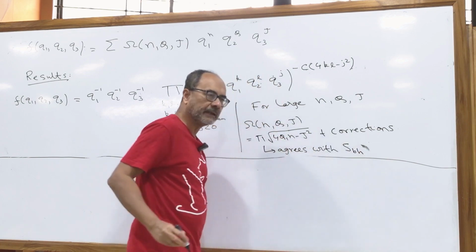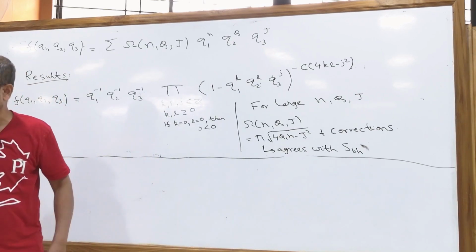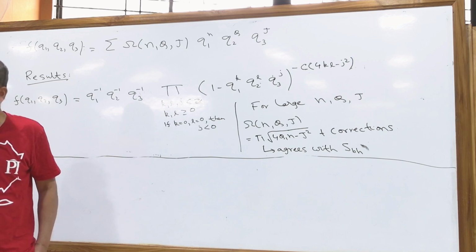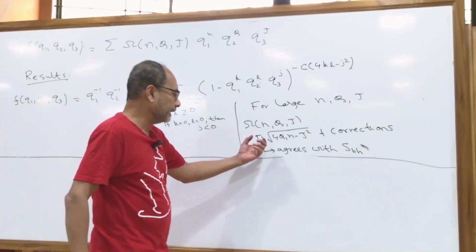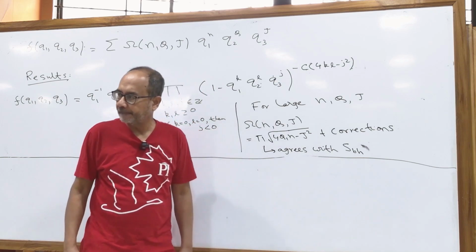You can calculate the Bekenstein-Hawking entropy independently by calculating the area of the event horizon of the corresponding black hole. You have to go to the appropriate point in the moduli space where it is a black hole. There you can calculate the Bekenstein-Hawking entropy, and this agrees with it.